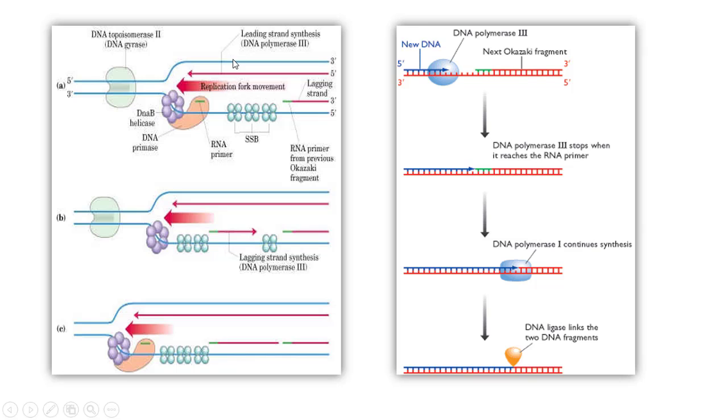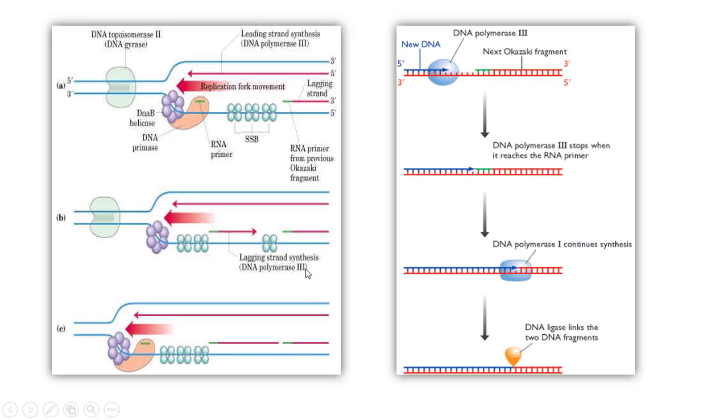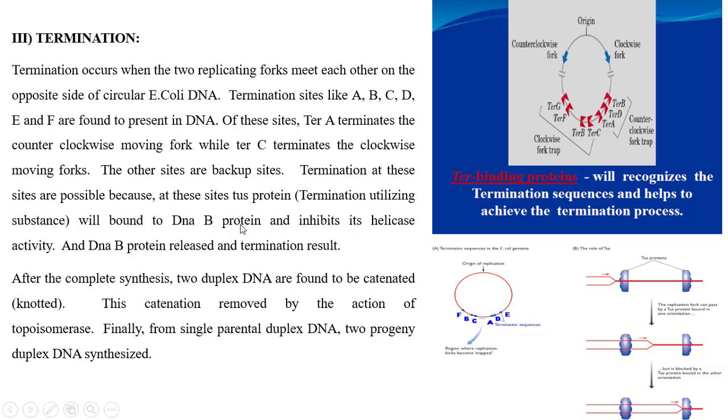But between the nucleotides, there is a phosphodiester bond. The phosphodiester bond is created by the enzyme DNA ligase with the coenzyme nicotinamide adenine dinucleotide. In such a way the daughter DNA is continuously synthesized towards the end by the leading strand and lagging strand.